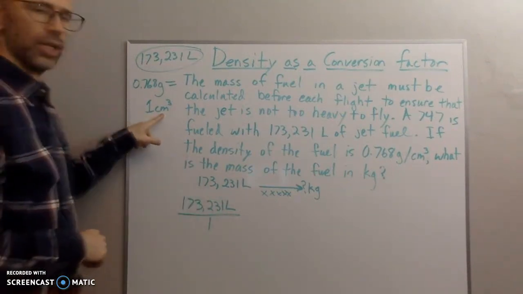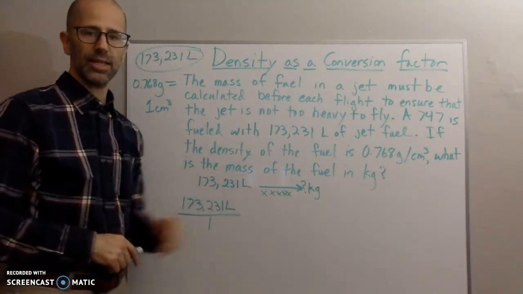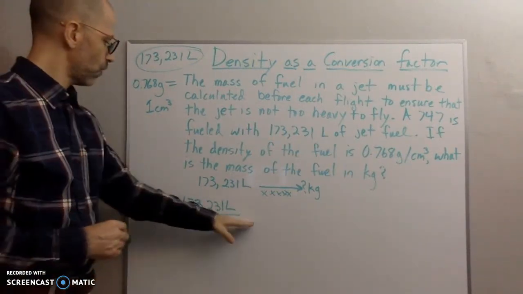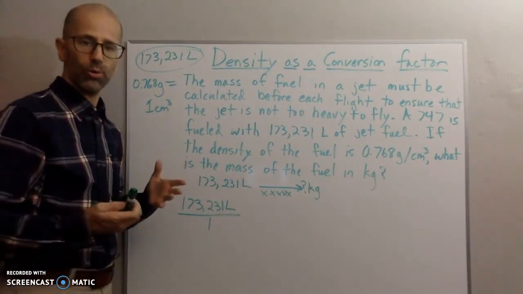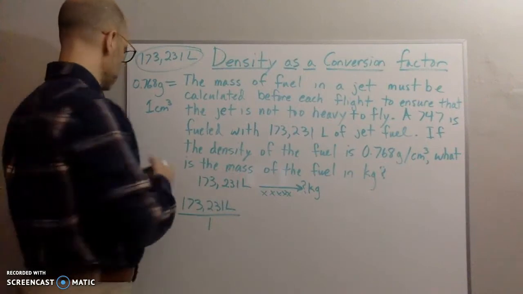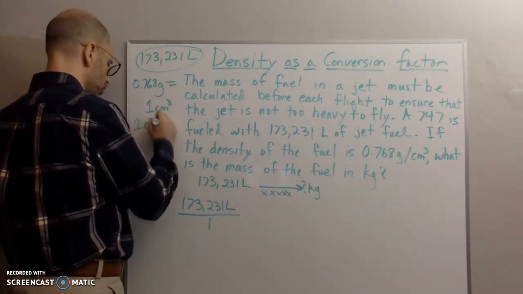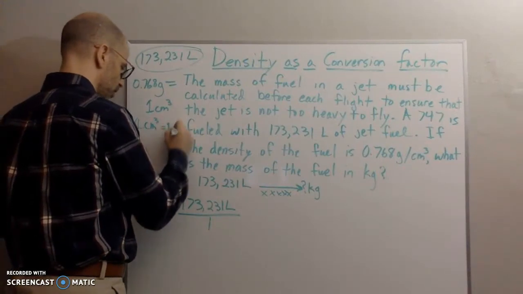My volume unit in the density is centimeters cubed, so I need to convert to centimeters cubed. I know that 1 milliliter is equal to 1 centimeter cubed. So I want to use that: 1 centimeter cubed is equal to 1 milliliter.